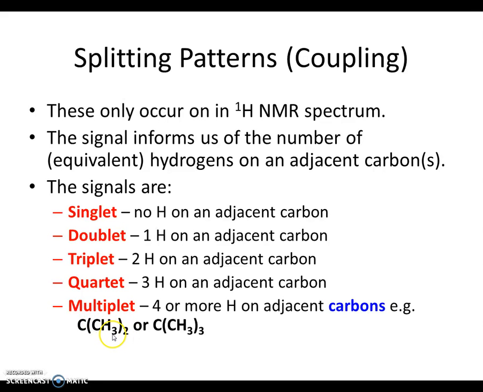So that would give rise to a heptet, but that can be quite difficult to see, so it would be seen as a multiplet. Similarly here, if you had a hydrogen on this carbon and you had 3 methyl groups, then you would see a decet, which again, is very difficult to see.